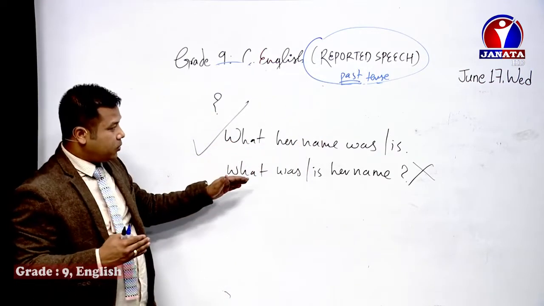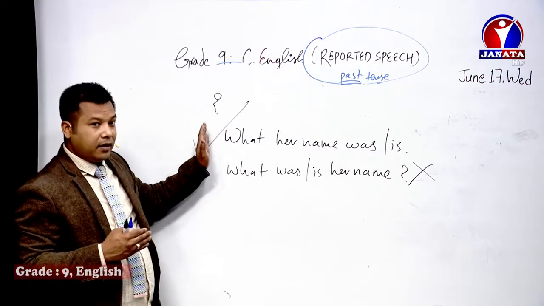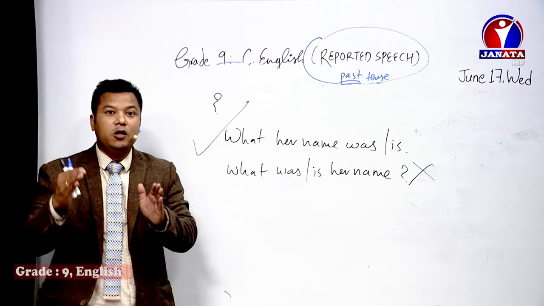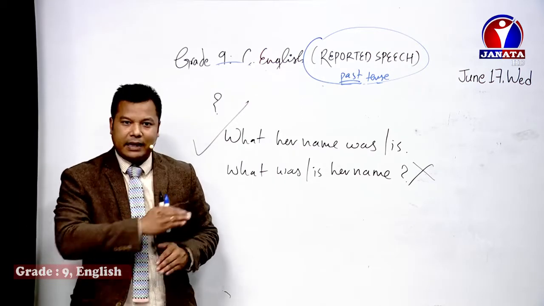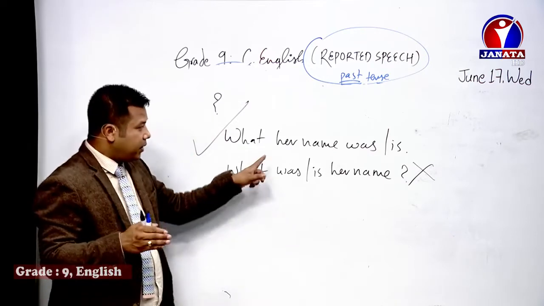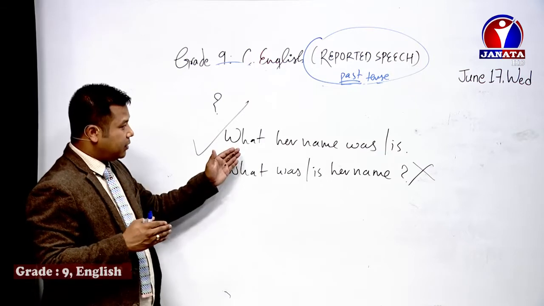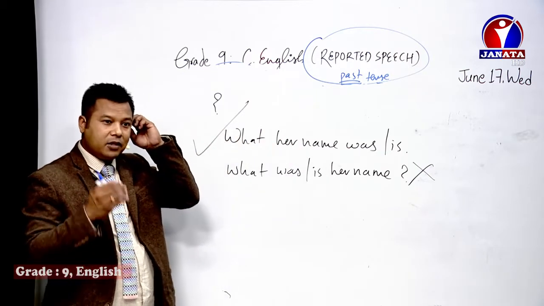That tells you, if it is present, it has to change everything into past, except for the universal cases. If there are universal phenomena, facts that cannot change, that everyone agrees on, you can keep them. But here, someone might even say, if you say "what her name is," it tells you that she has not changed her name.